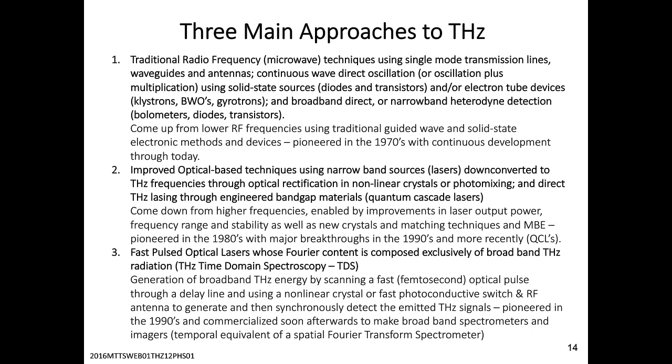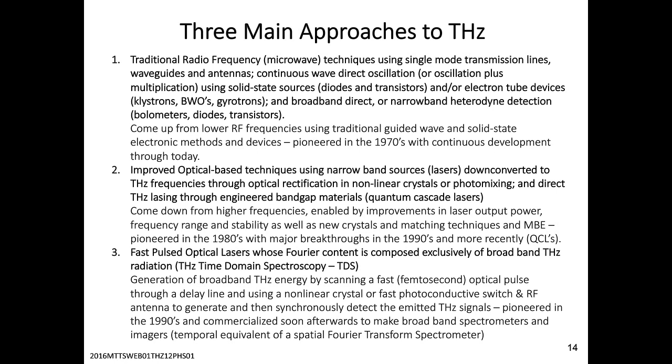Now, there's another technique that people also used back in the 1970s, late 70s, early 80s, which involved generating terahertz signals using optical sources and using an intervening crystal or a photomixer to do optical rectification. But that sort of came about when narrowband sources like lasers were able to be applied to nonlinear crystals, and down converting from the optical into the terahertz regime became possible with pretty narrow line width.